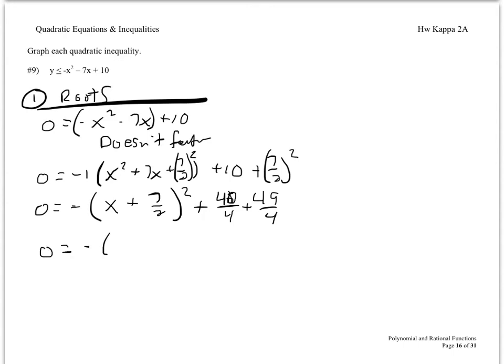When I add those together, I get 89/4. Now at this point, once I've simplified this right side and I've completed the square and factored it, this right here is my related equation, my related boundary in the proper form that I know what the vertex is.